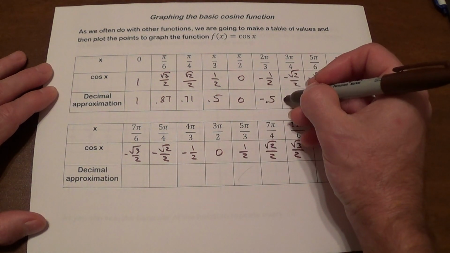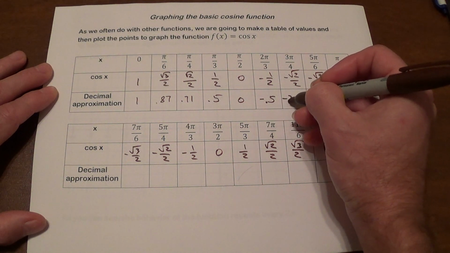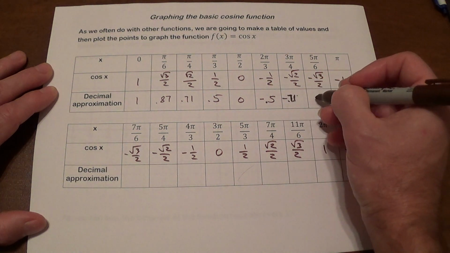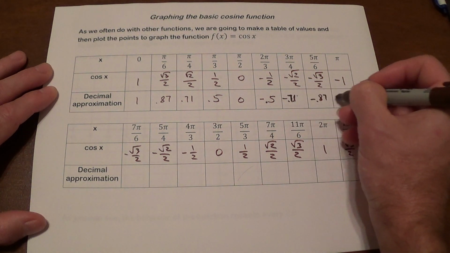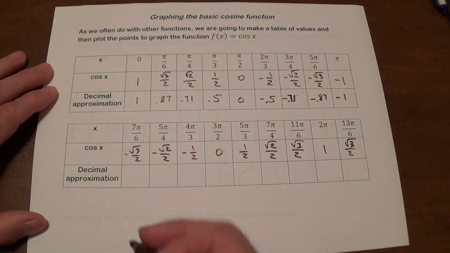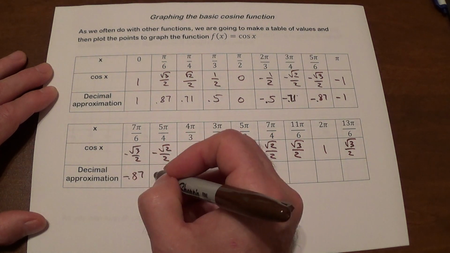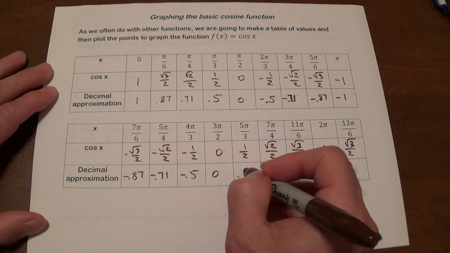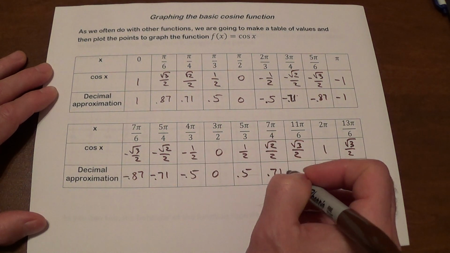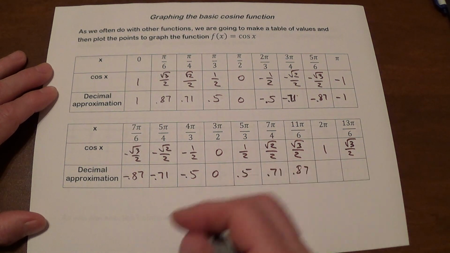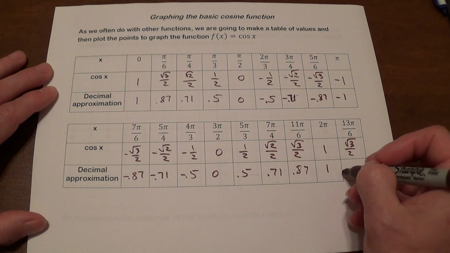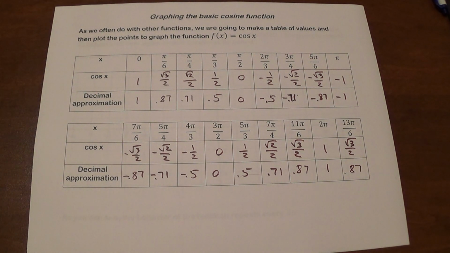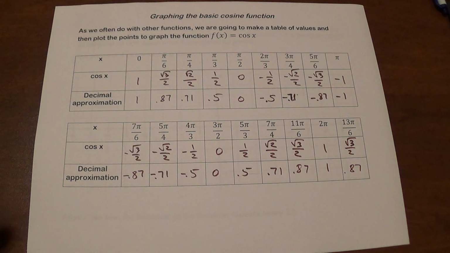Here we're going to have negative 0.71, negative 0.87, negative 1, negative 0.87, negative 0.71, negative 0.5, 0, 0.5, 0.71, 0.87, 1, and 0.87. Alright, so now we're going to use these values and plot the graph.